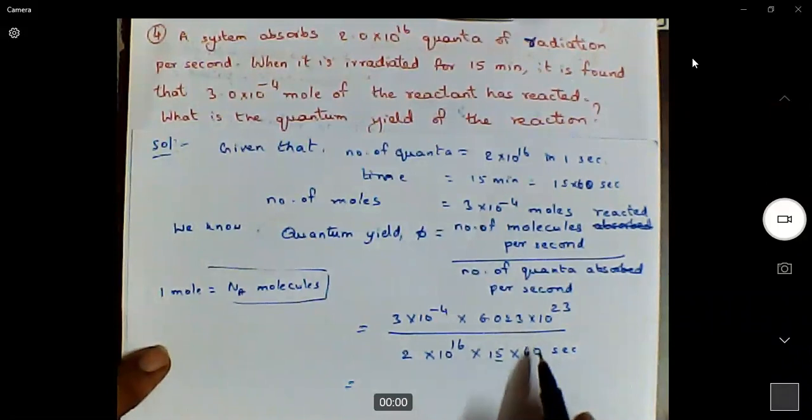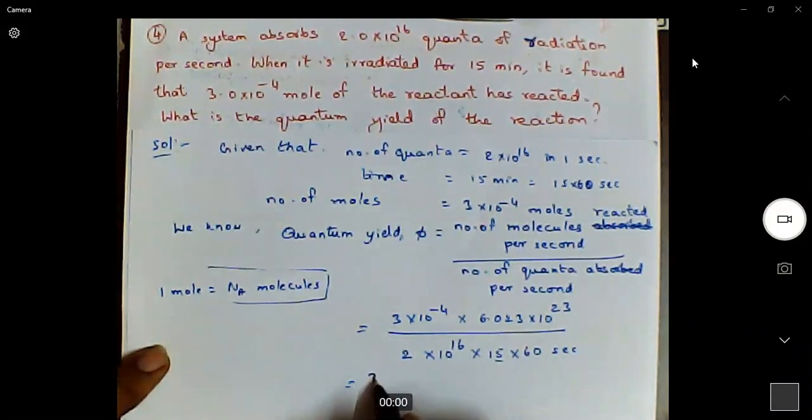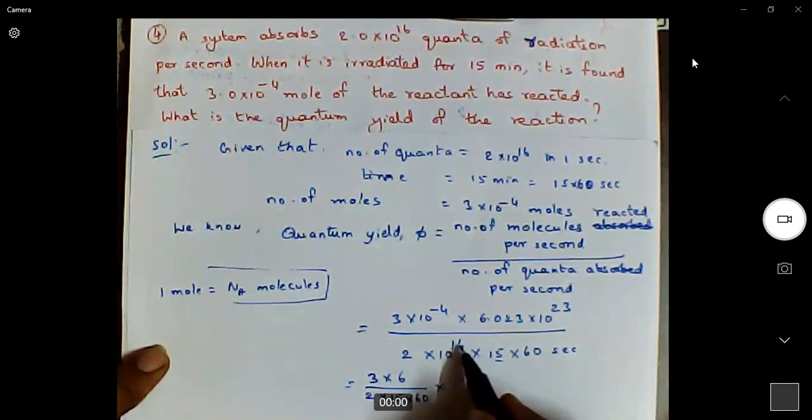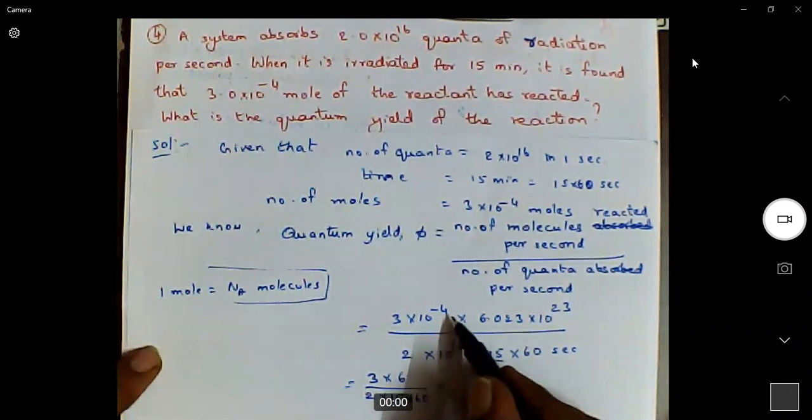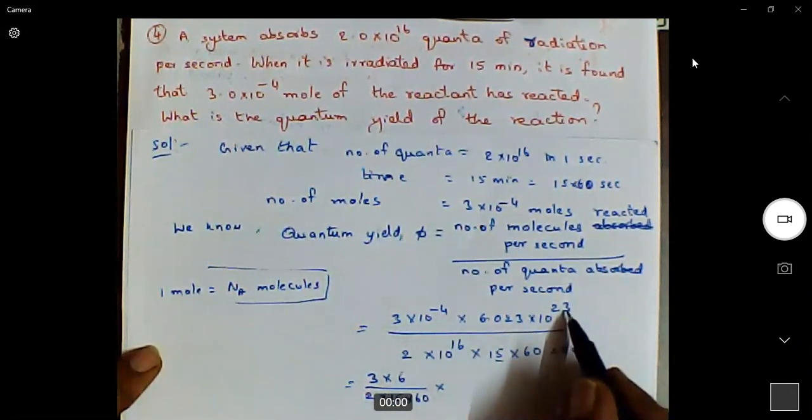Yeah. When we simplify it, 3 into 6 by 2 into 15 into 60 into 10 power 16. When it becomes numerator, it becomes 10 power minus 16. Minus 4 minus 16 is minus 20. Here it is plus 23.